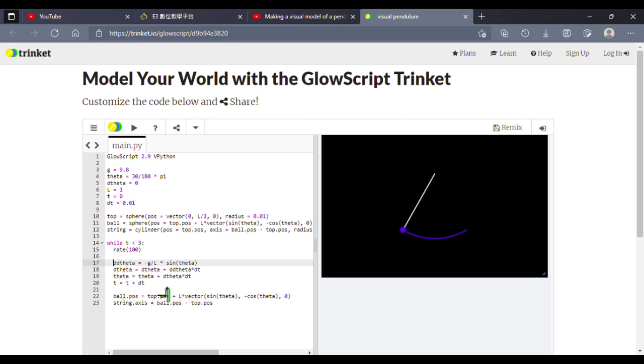So in the next step, we will update the theta to the position of the ball and the string, so we can see the string in the next frame, and it will move eventually.